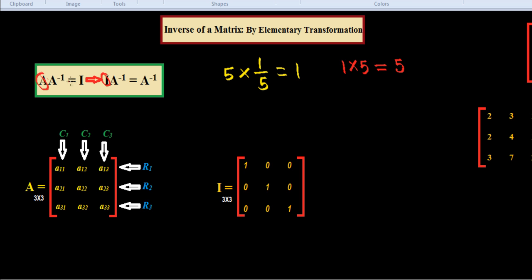So we use this for solving the questions regarding the inverse of a matrix by the transformation process.